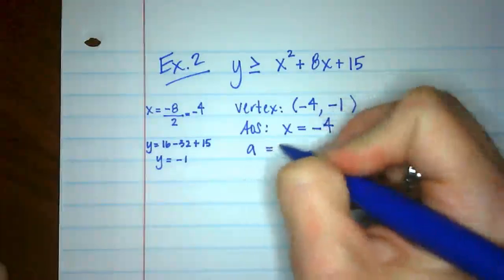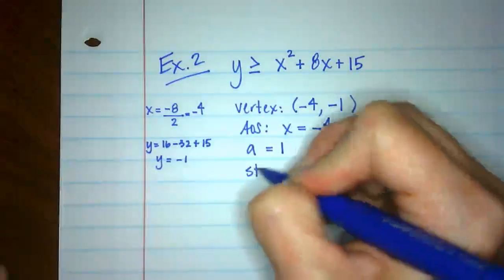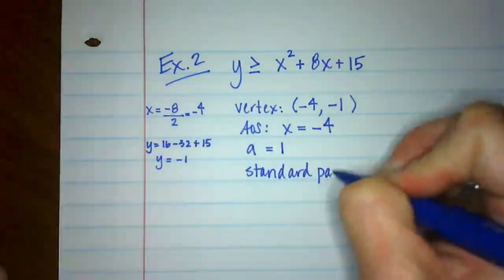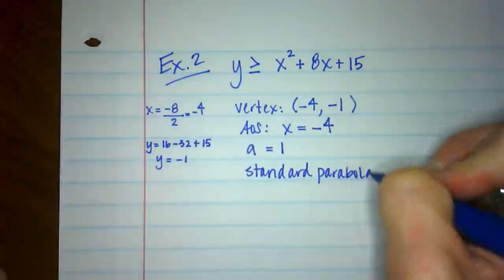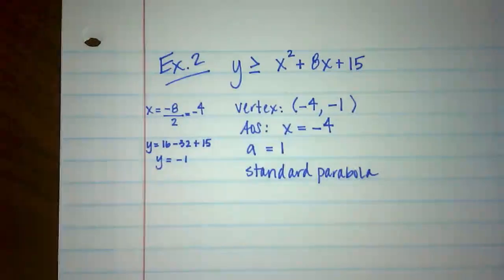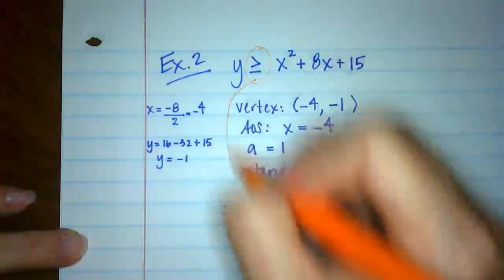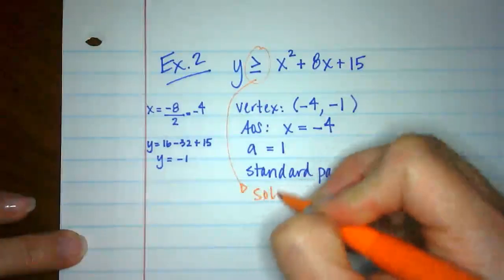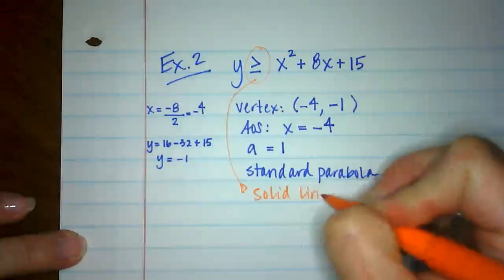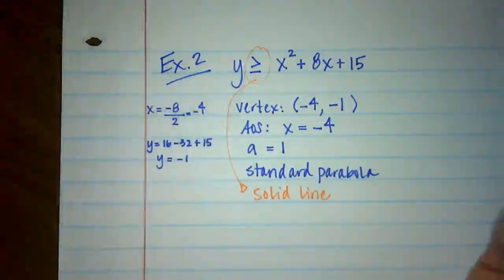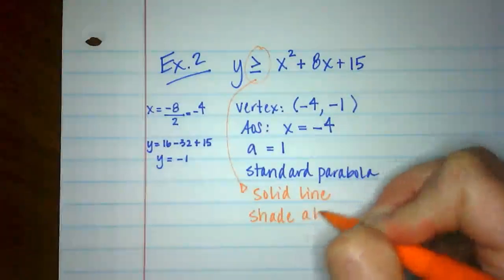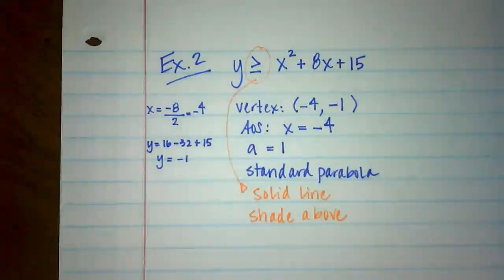Our a value is 1, which means this is going to be a standard parabola. This tells us this time we're going to do a solid line because it's equal to, and we are going to shade above again.